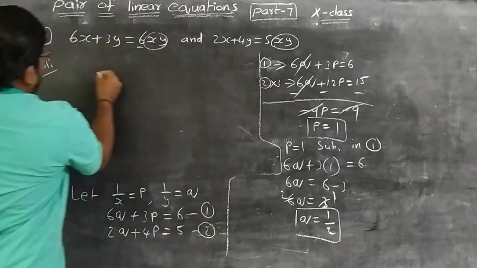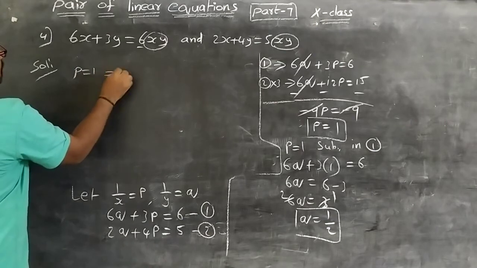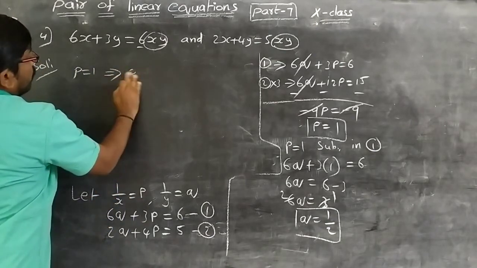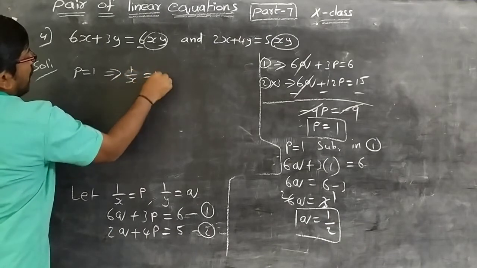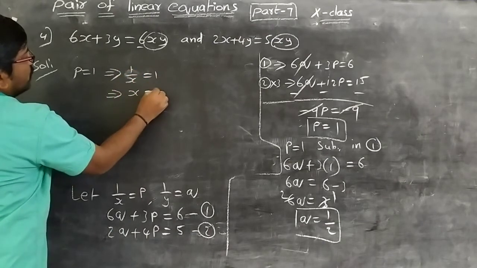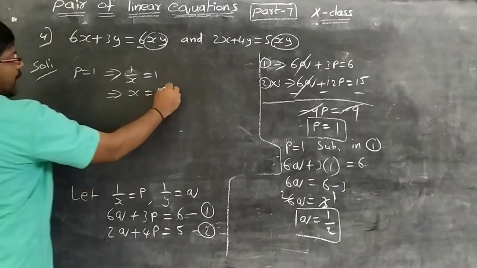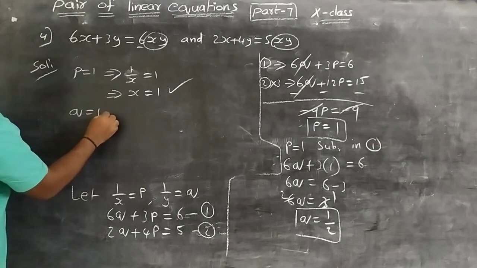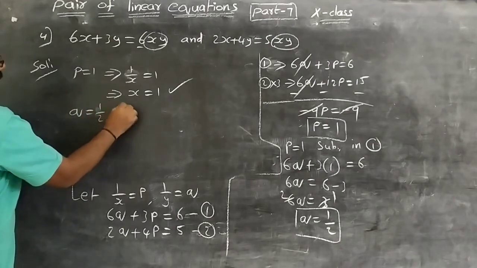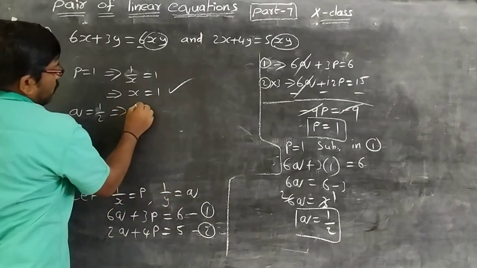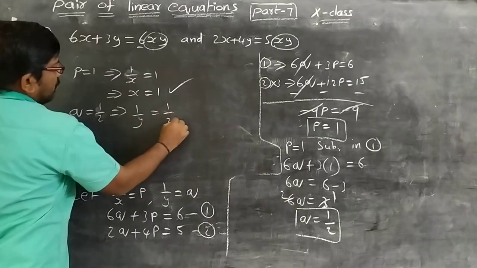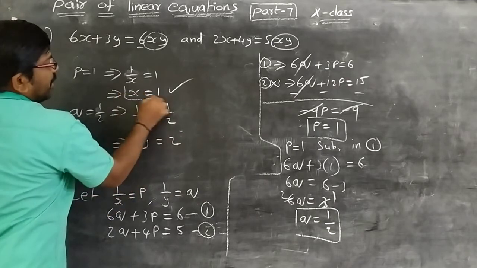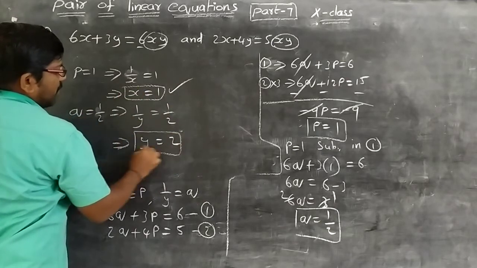So p is equal to 1, which implies 1 by x equal to 1, that implies x equal to 1. So this is the x value. Next, q is equal to 1 by 2, which implies 1 by y is equal to 1 by 2, that implies y is equal to 2. See, this is the x value and this is the y value.